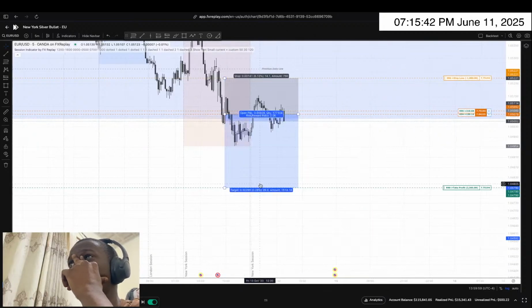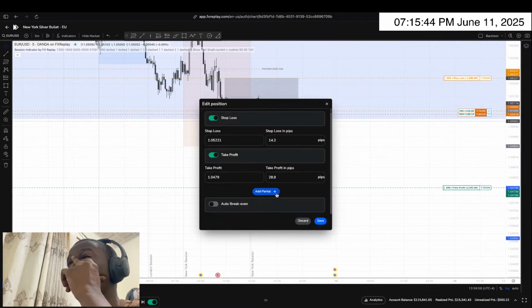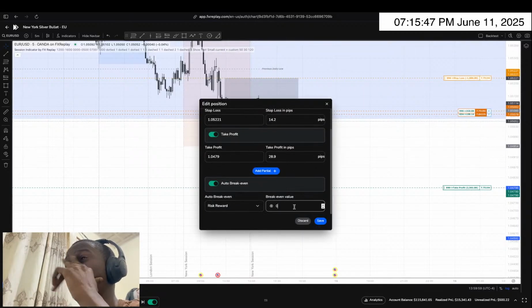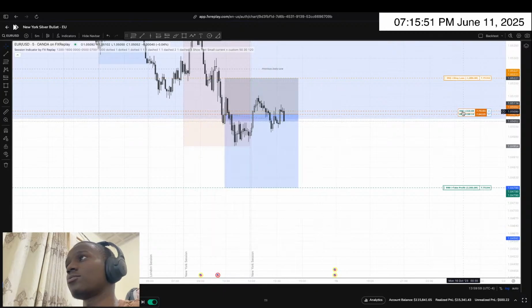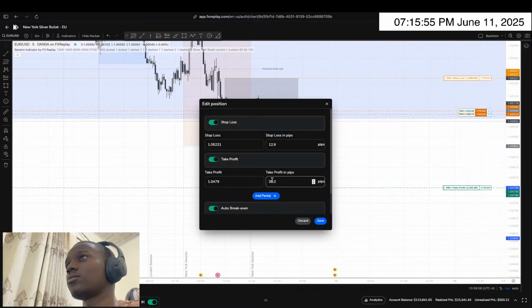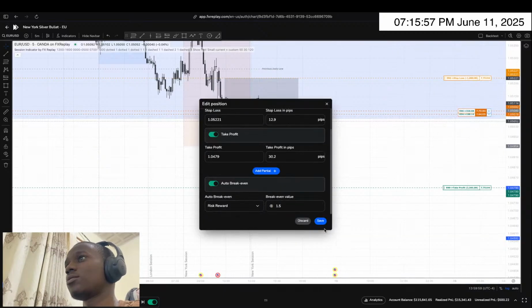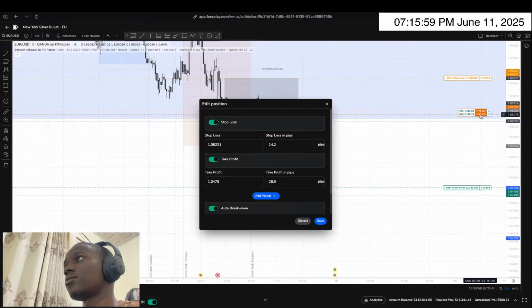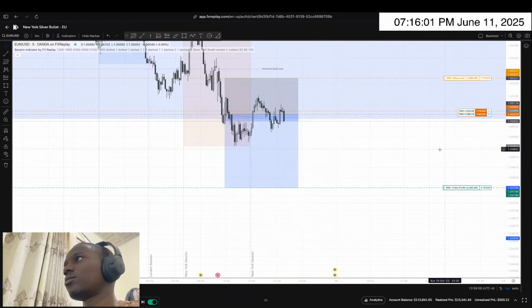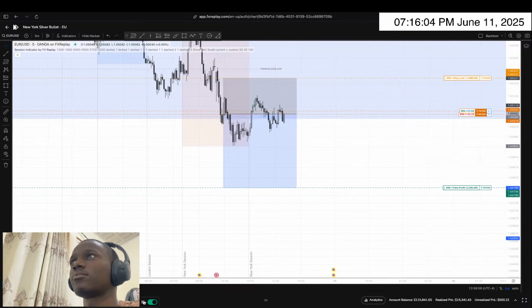Okay, I think I'll close off one or edit both. Auto break even at 1.5. Save, and this one as well. Auto break even is there. Save the second one.